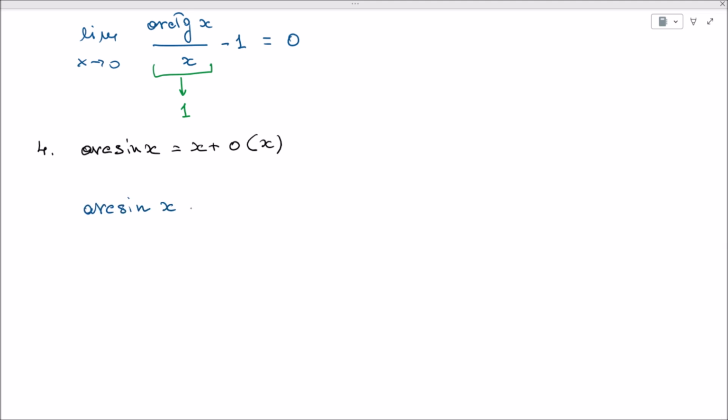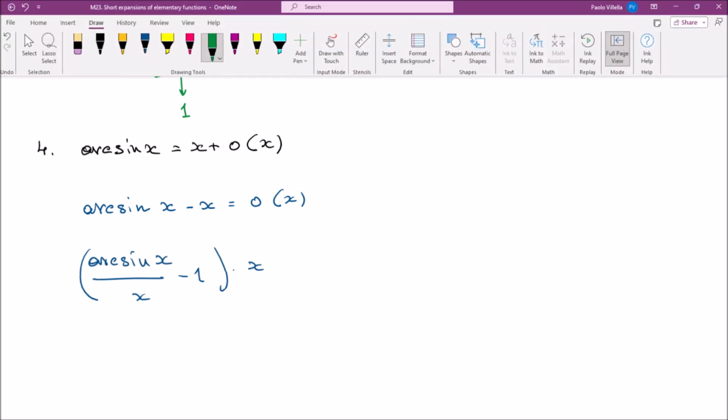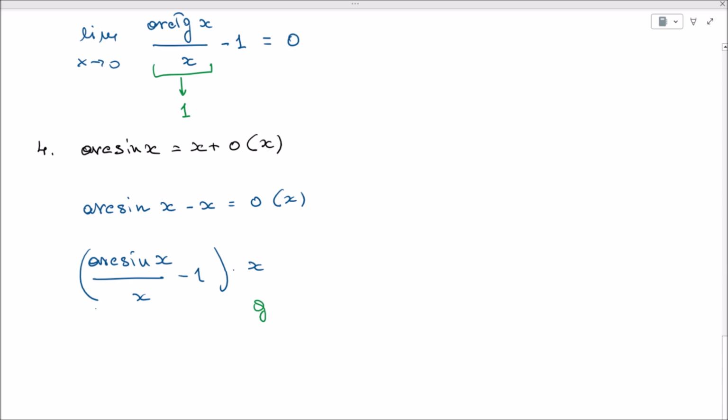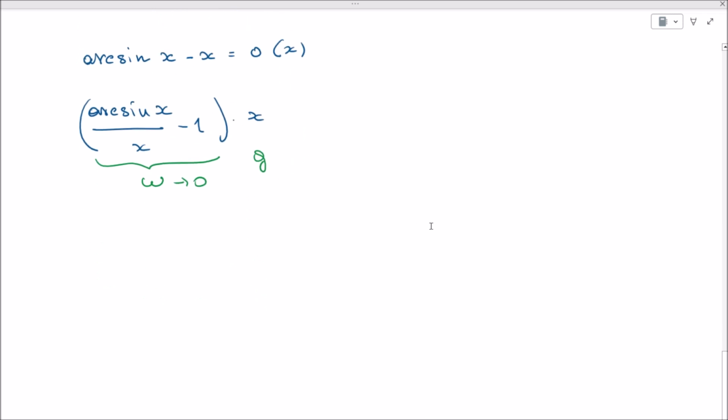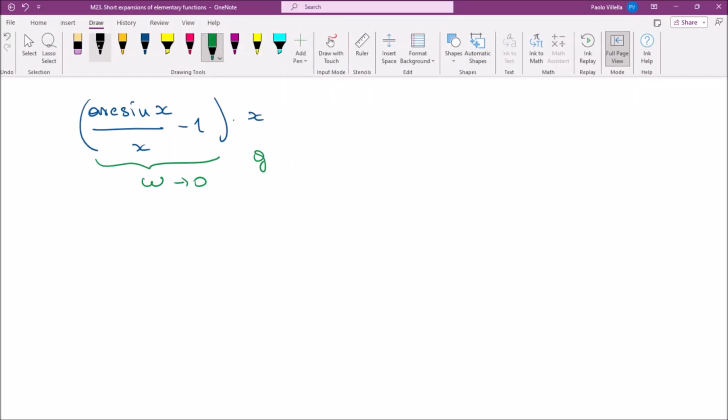Arc sine of x minus x is little o of x, so arc sine of x divided by x minus 1 times x. So we have our g here, and we see immediately that this omega tends to 0. So this is already another expansion proved.